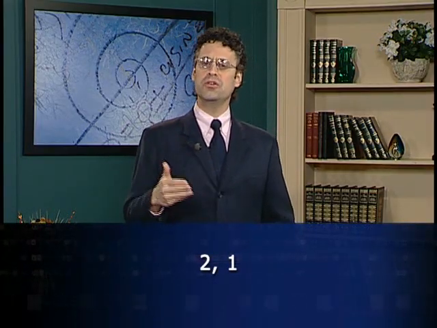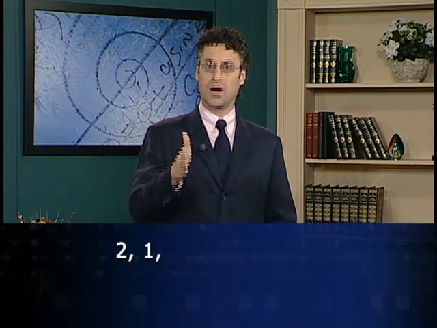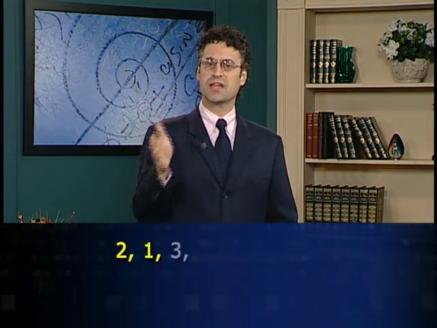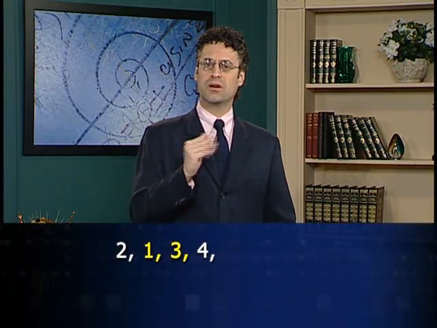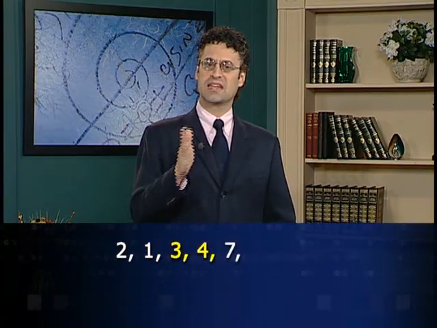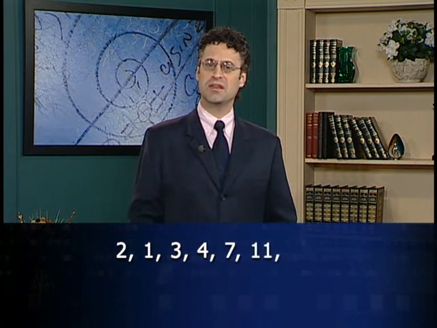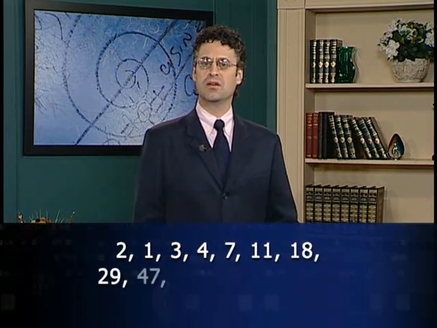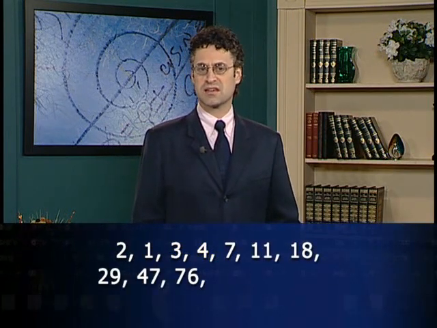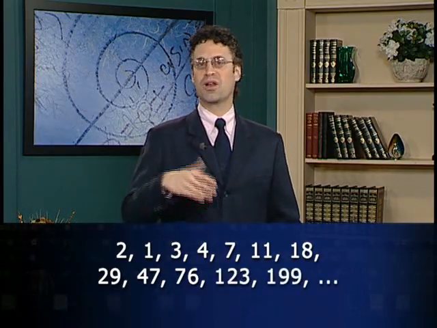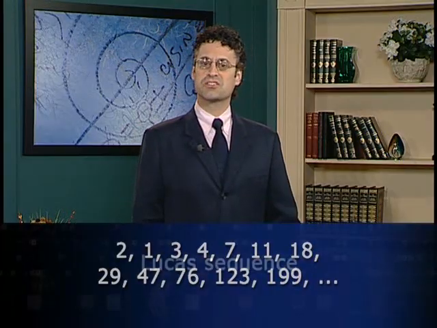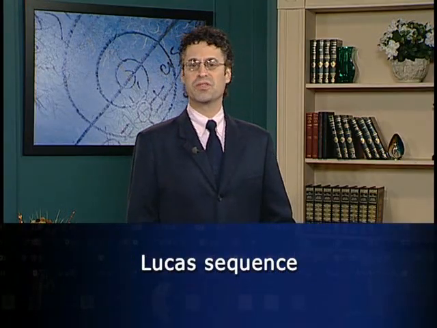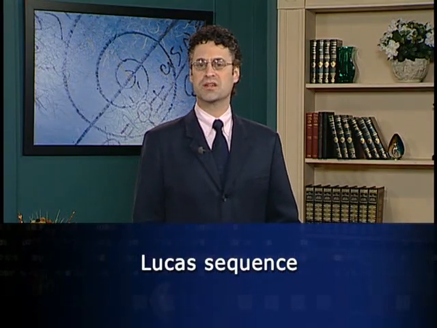Then the new recurrence sequence begins 2, 1, and then we add those 2 together to get 3, and then we add the 1 and the 3 to get 4. The 3 and the 4 get added to get 7, and the next one would be 11, and 18, 29, 47, 76, 123, 199, and so on. The list goes on. Now, this sequence is called the Lucas sequence, named after the 19th century French mathematician Édouard Lucas.